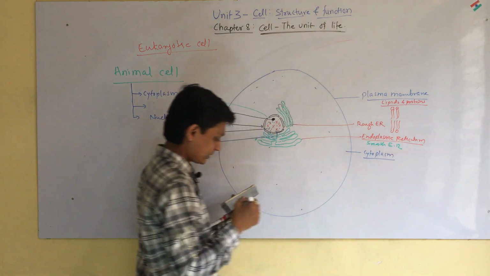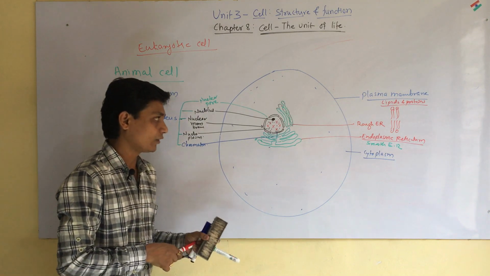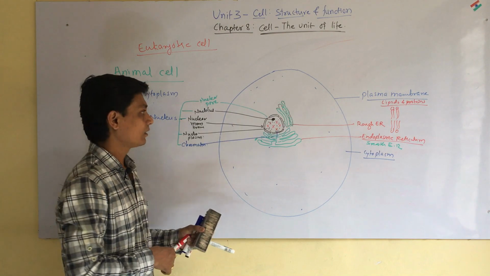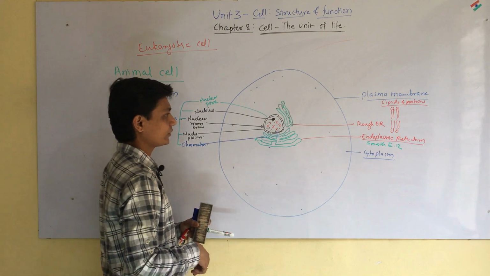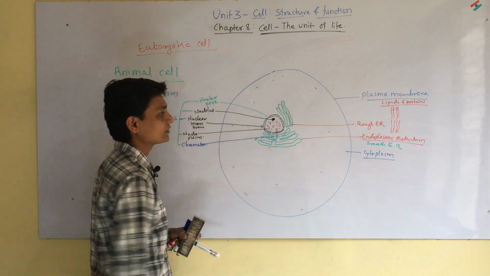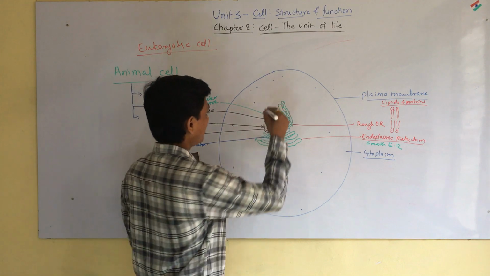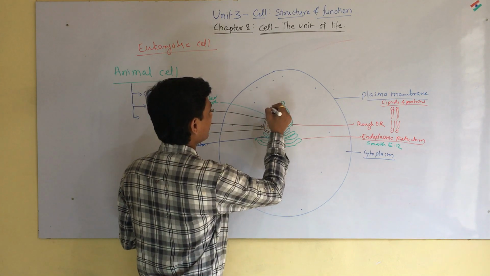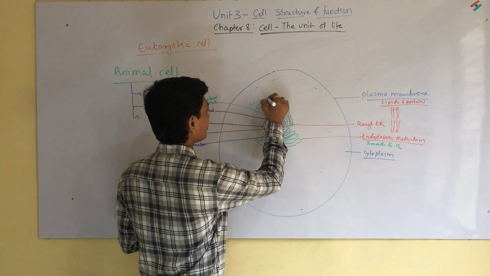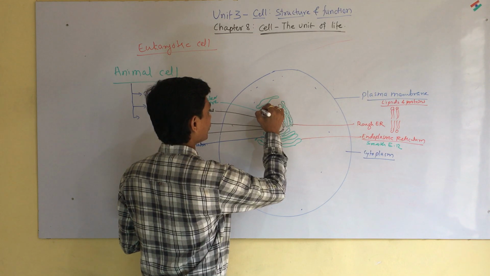So endoplasmic reticulum are of 2 types on the basis of presence of ribosomes: if ribosomes are present, it is known as rough endoplasmic reticulum, and if ribosomes are absent, it is known as smooth endoplasmic reticulum. Near this, some dumbbell shaped structures are present, known as Golgi bodies.